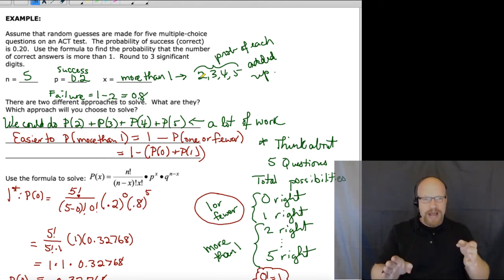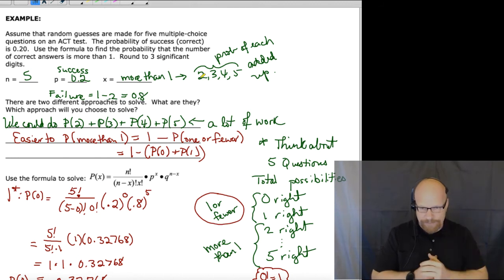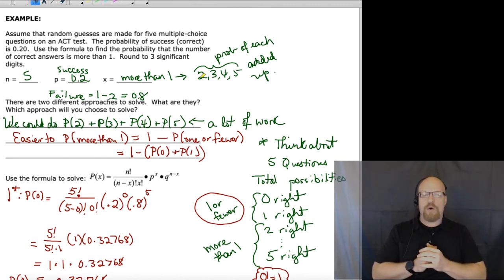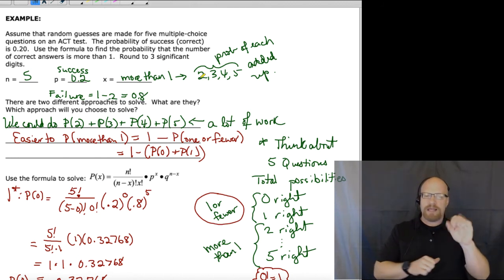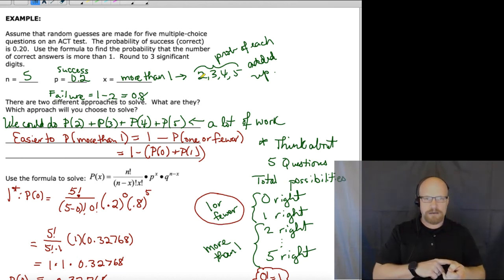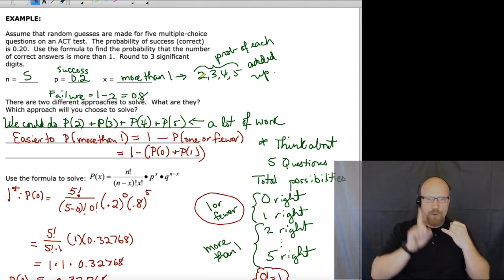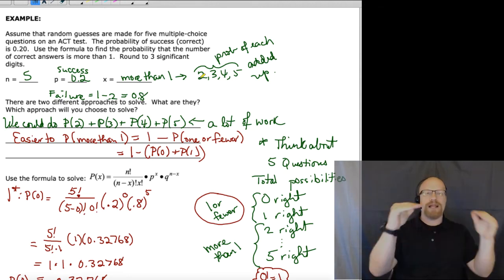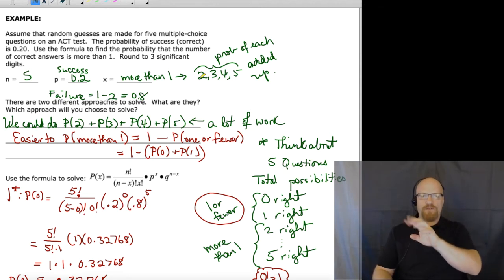A better way would be to say, okay, what about the probability of 1 or less? If I take 1 minus that, it will equal 2 or 3 or 4 or 5.